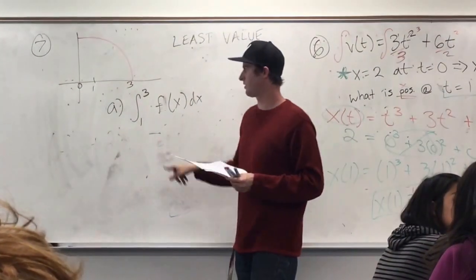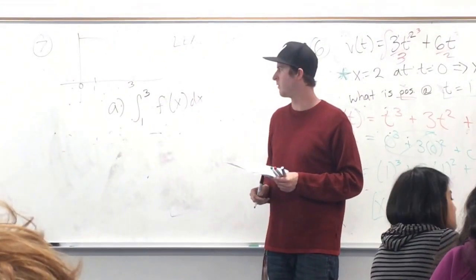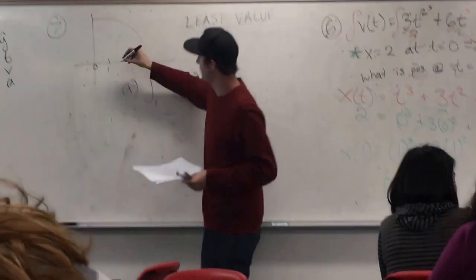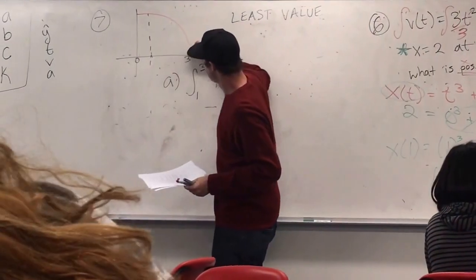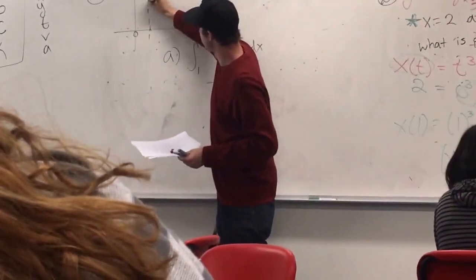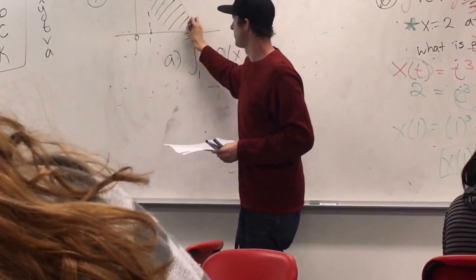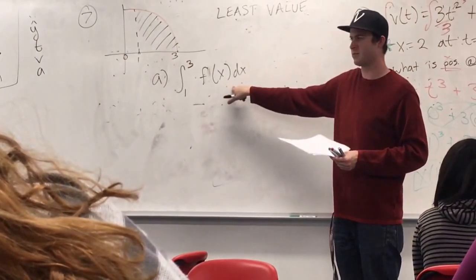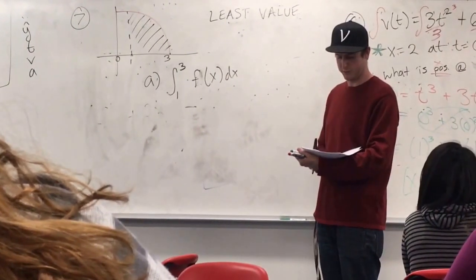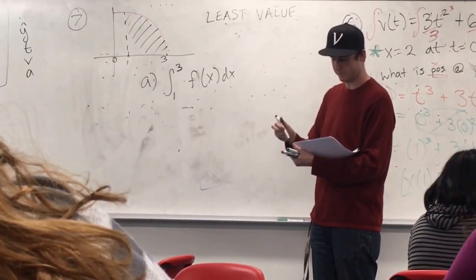Okay, what would this look like on the graph? Basically from 1 to 3, it would just be that whole section. That's what the integral is. Okay, B says a left Riemann sum.